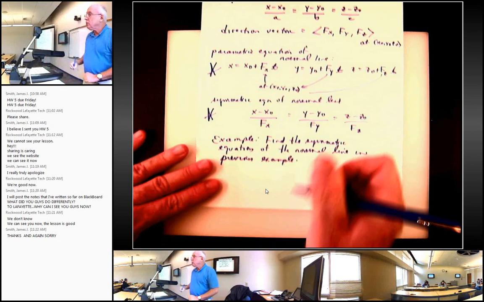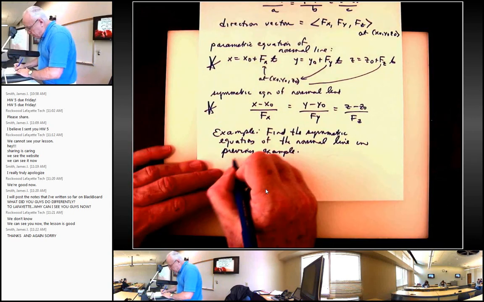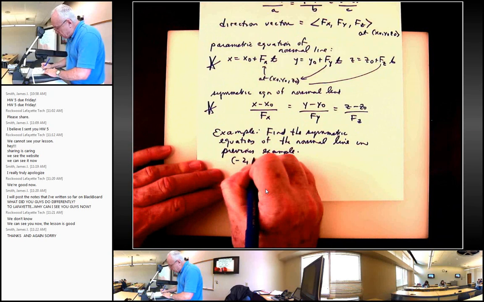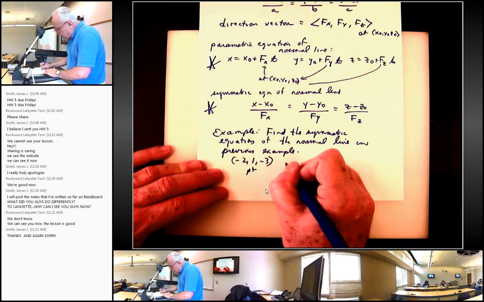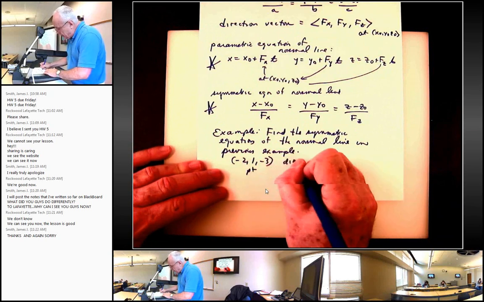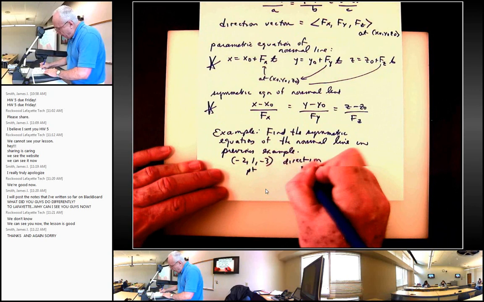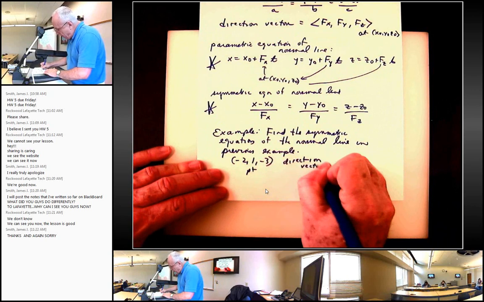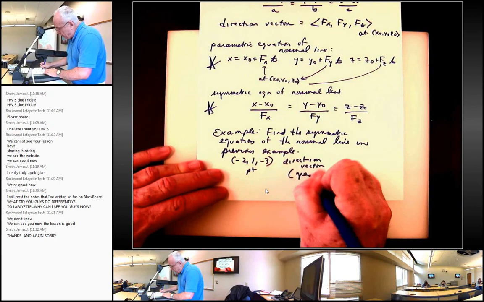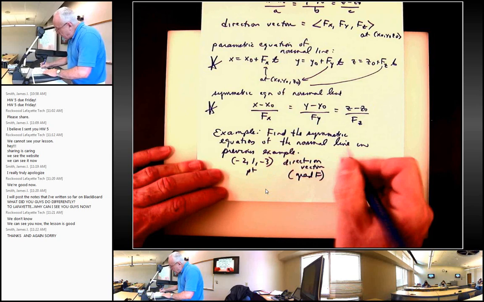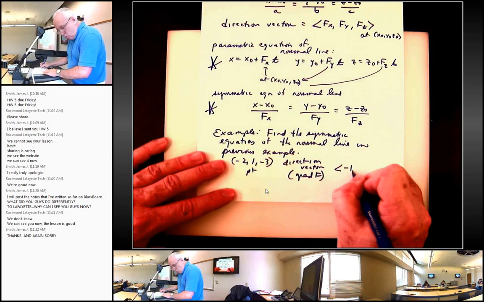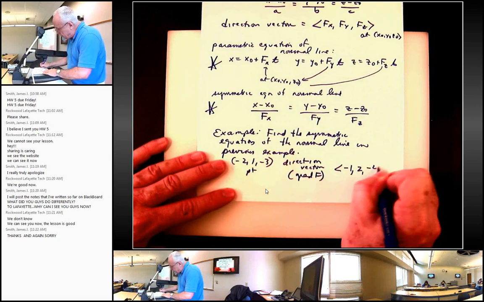In our previous example, the point was minus 2, 1, and minus 3, and the direction vector, or the gradient vector, was minus 1, 2, and minus 2/3.